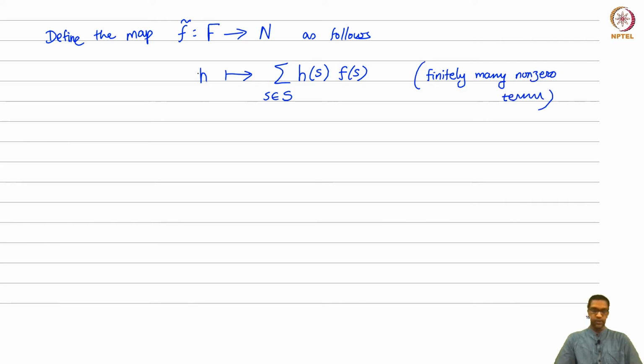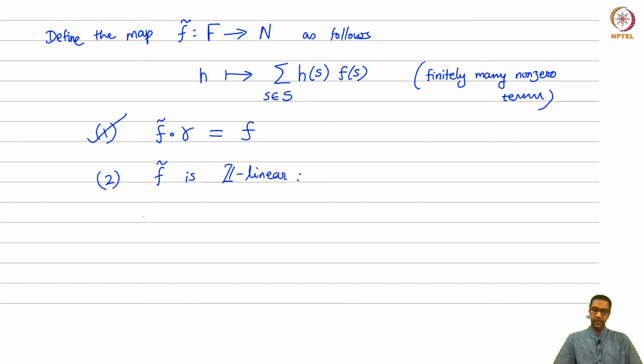So that's my definition. Observe that this particular map f tilde certainly makes the diagram commute. In fact, that is how we deduced what this formula should be. The key property to prove is that f tilde is a group homomorphism, in other words, that it's Z-linear.